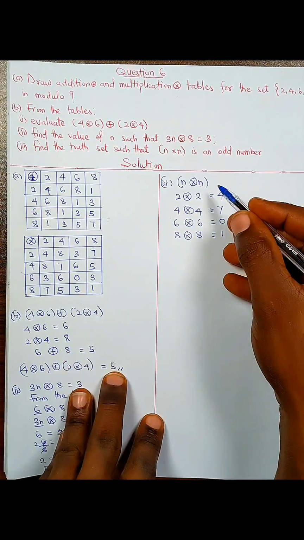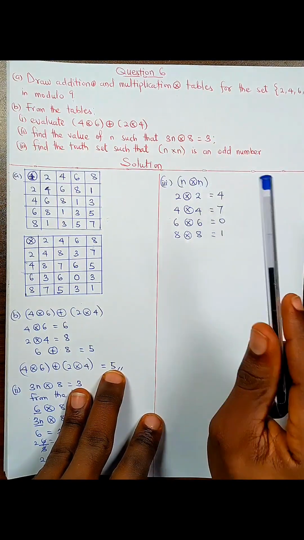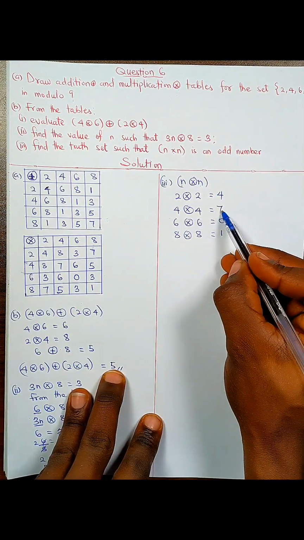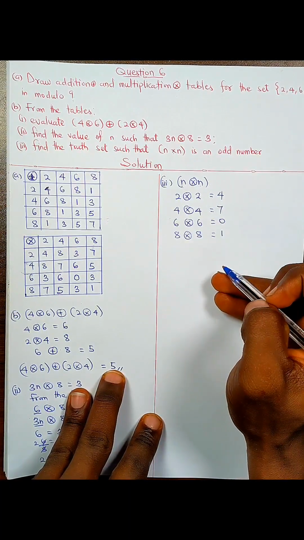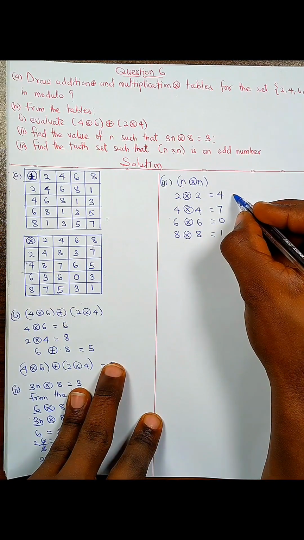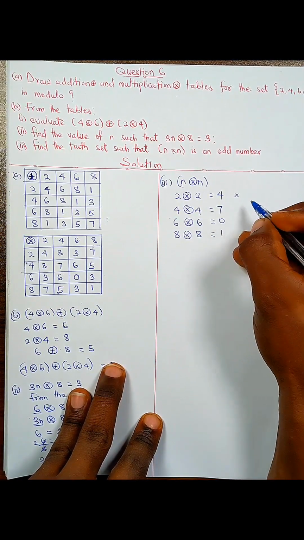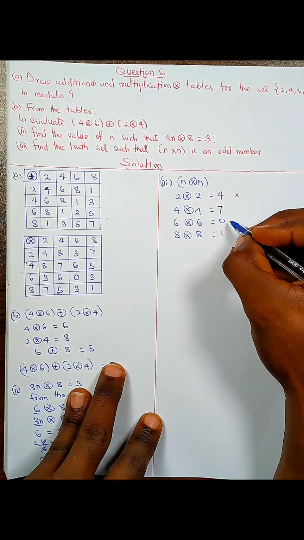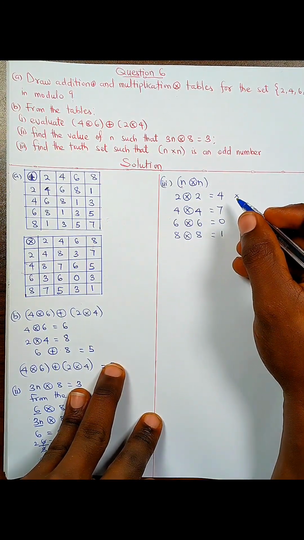Okay, so among these numbers, we are supposed to find which one is an odd number. We have 1, 7, 4, and 0. Which ones are odd? Clearly, 4 is not an odd number, so this is out. Okay, the next thing is to find out, is 0 an odd number?